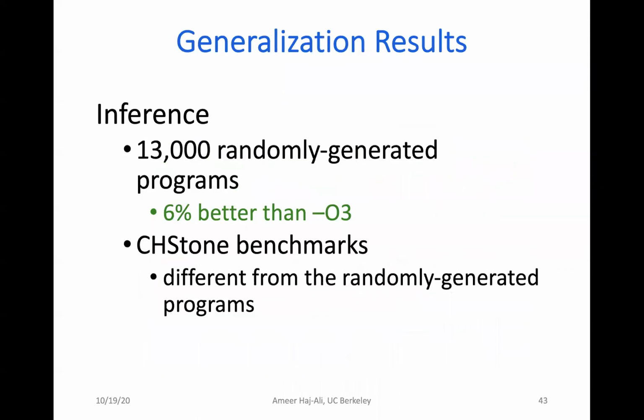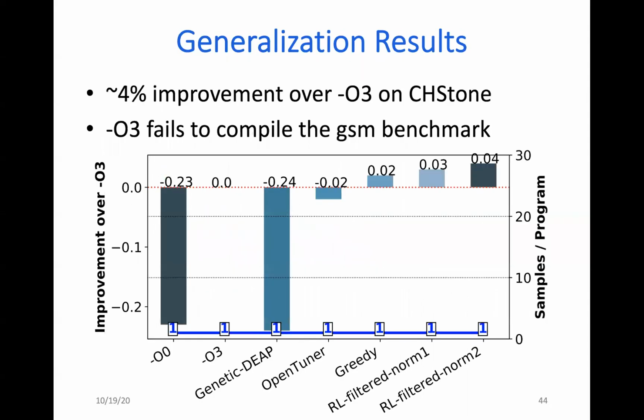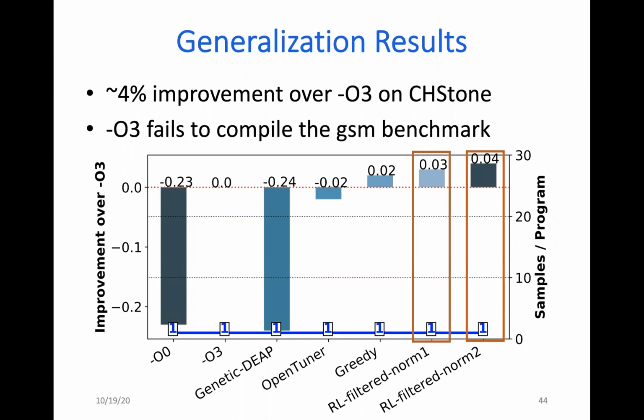And for our generalization, we basically trained on 100 randomly generated programs and ran inference on 13,000 randomly generated programs and the CHStone benchmarks. For the randomly generated programs, we were able to achieve 6% better than -O3. And with the CHStone benchmarks, we were able to achieve 4% improvement over -O3.